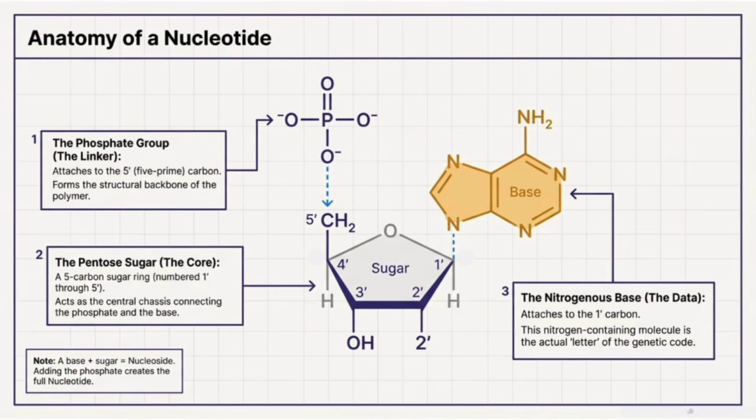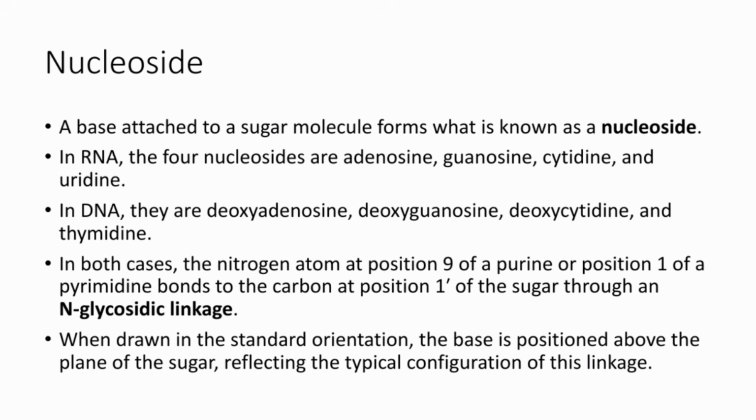So a nucleoside is a base attached to sugar, and in RNA we have 4, and also in DNA we have 4. We'll look at the namings very soon. And in both cases, the nitrogen atom at position 9 of a purine or position 1 of a pyrimidine binds the carbon at position 1 of the sugar.